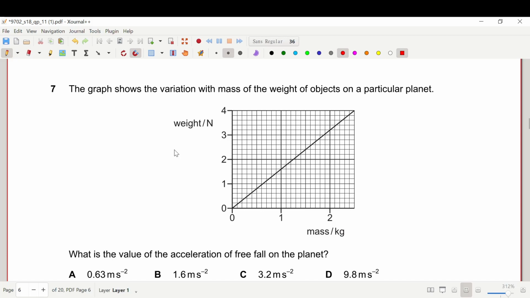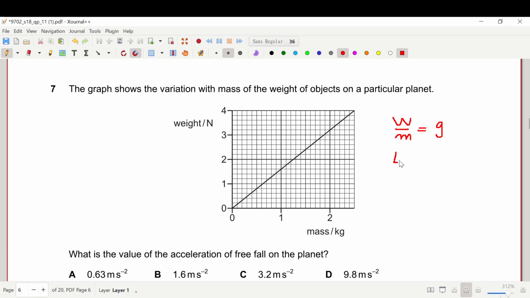The graph shows the variation with mass of the weight of object on a particular planet. What is the value of the acceleration of free fall on the planet? Actually, if you look at the gradient of the graph, that is W over M. That is always equal to the gravitational pull.